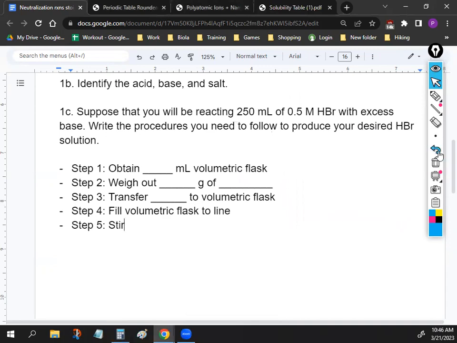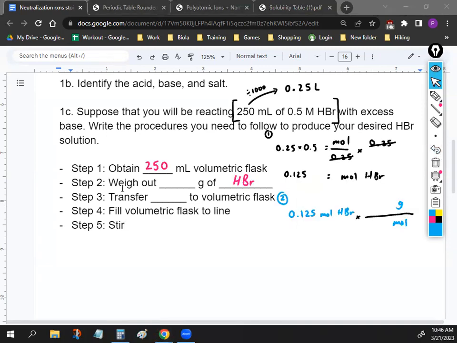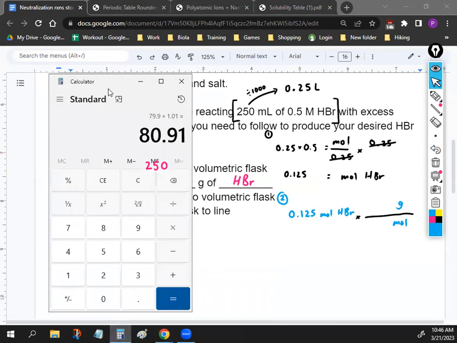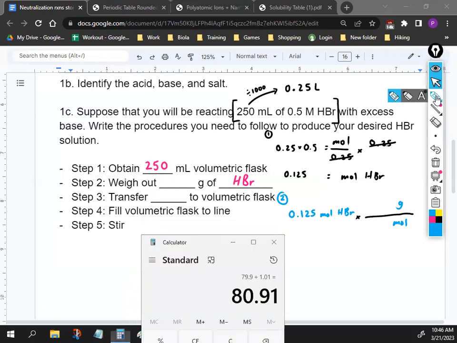So all we've got to do is go back to our calculations and just plug this into our fraction. So 80.91 is going to be your molar mass. And so all we've got to do is multiply these two numbers, and that's going to give you the grams of HBr that you need. So you need 10.11 grams of HBr.